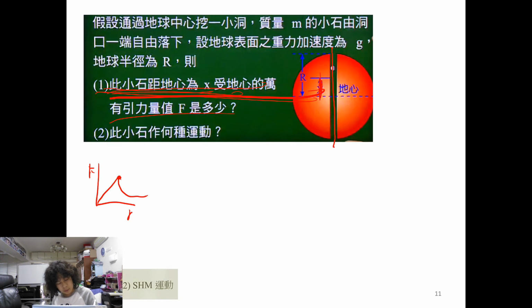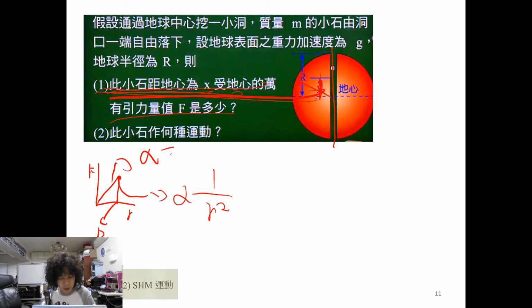And this point is equal to Re, which is the radius of earth. This means it is r1, okay? Well, this means it is to r, I mean the force. Force is equal to r, okay?